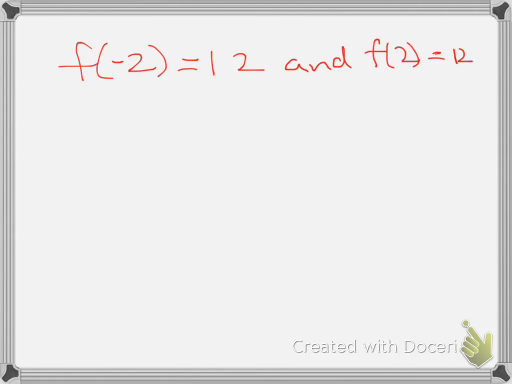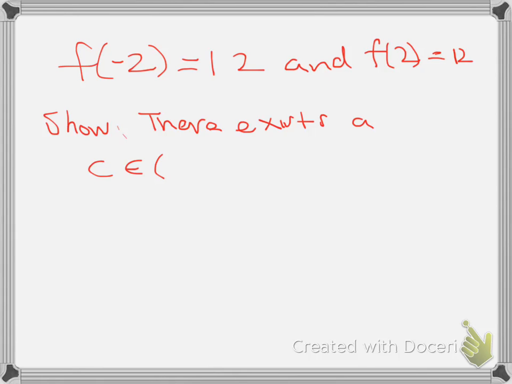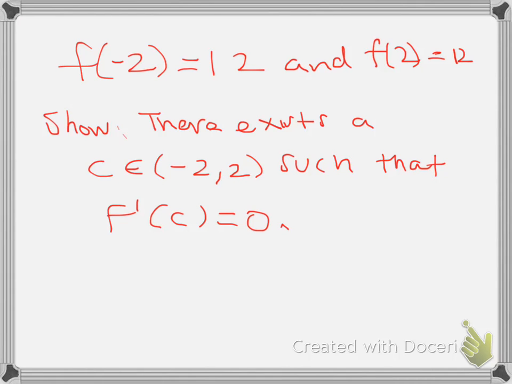Now we need to show that there exists a c between negative 2 and 2, all right? So we need to still show there exists a c that belongs to negative 2 and 2, such that f prime of c equals 0.